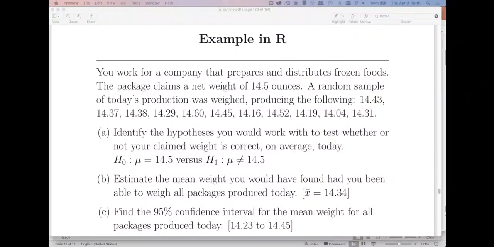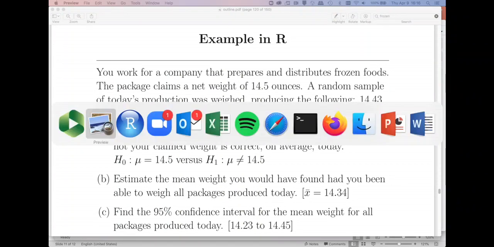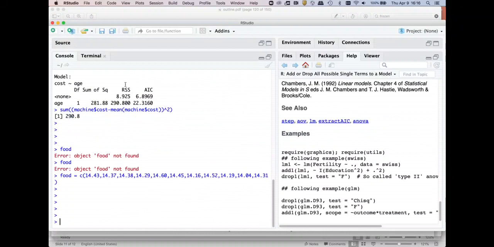Before we can do anything that requires the t-distribution, we should note that we have a pretty small sample size, and the t-distribution requires a normal distribution. So we should really check and make sure that this data is at least approximately normal. The way to do that in R is to do a normal probability plot.